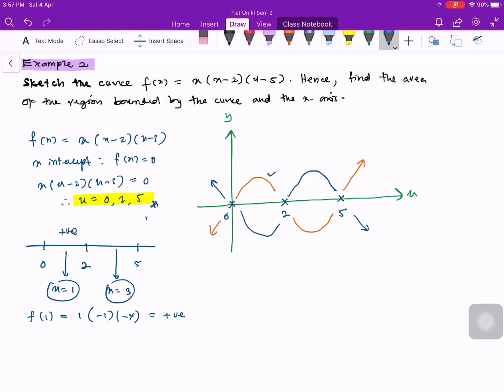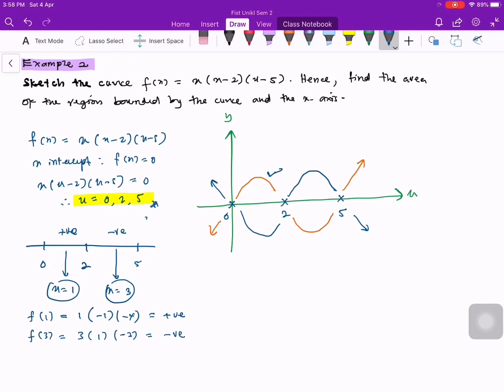So means that this one kita akan pilih yang positif. Dan for f3, okay, kita gantikan dalam function fx. Kita akan dapat 3 times with 3 minus 2 become 1, and 3 minus 5 become minus 2, which is we are going to have negative.